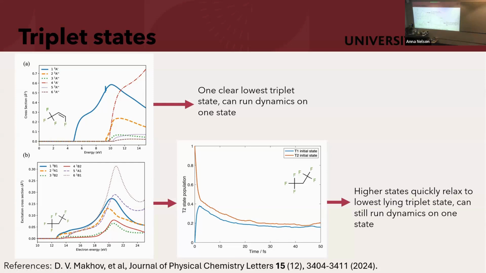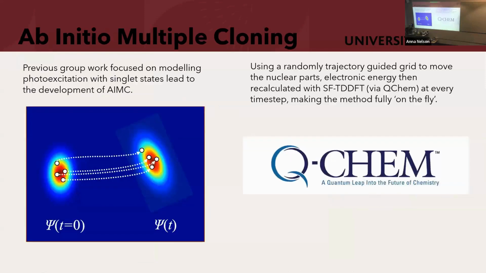But if we run non-adiabatic dynamics on both of these triplet states, these two lowest-lying ones, we find out that the higher triplet state relaxes into the first triplet state within about 50 femtoseconds. So we say, okay, let's assume this happens instantly instead of in 50 femtoseconds, and then we go back to running everything on the lowest-lying state, and everything remains cheap and nice.